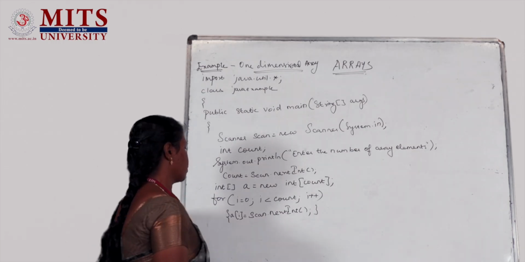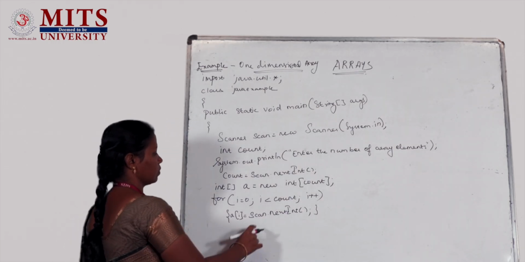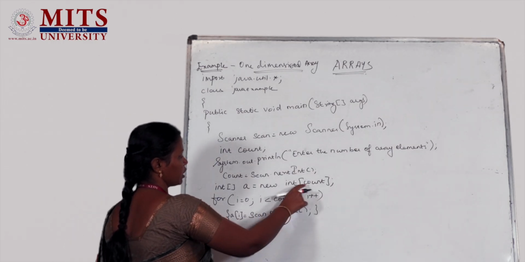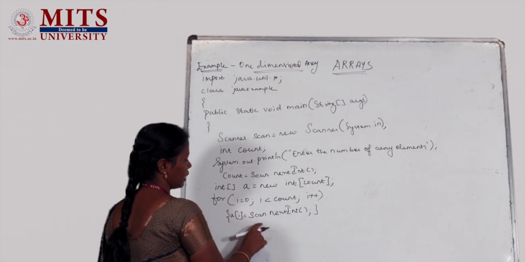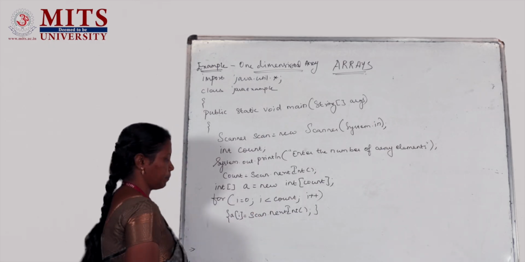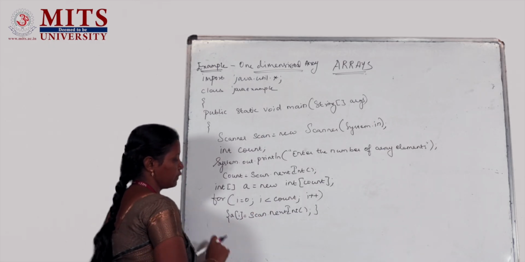So in this way, we are going to get the input from the user. Whatever the count, that many inputs will be taken and then stored in the value of A, meaning it will be stored in the array.